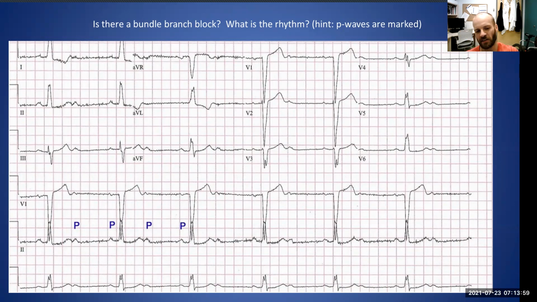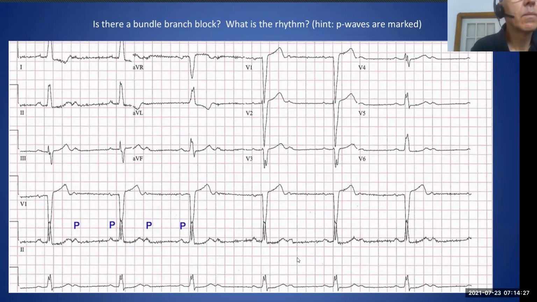If we've got 8 big squares between QRS complexes, then the rate is approximately. So when I calculated the rate, I got approximately 39 beats per minute. Yeah, that's right. So we divide 300 by the number of big squares between QRS complexes, which works out as roughly 38.